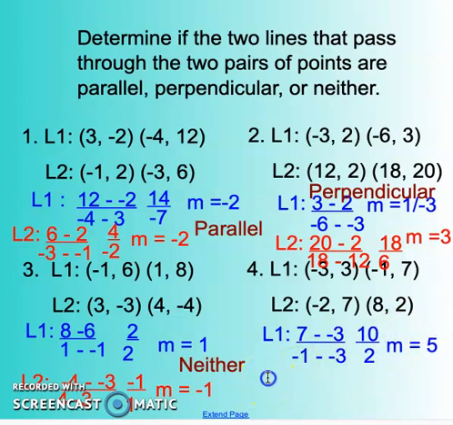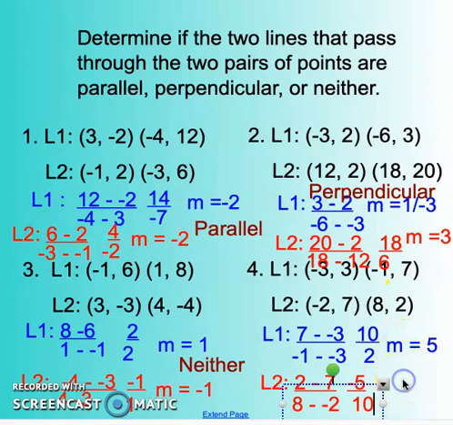Nice job. Now we can look at L2. We have 2 minus 7, which is negative 5. Nice job. And our x's: 8 minus a negative 2, and we get 10.